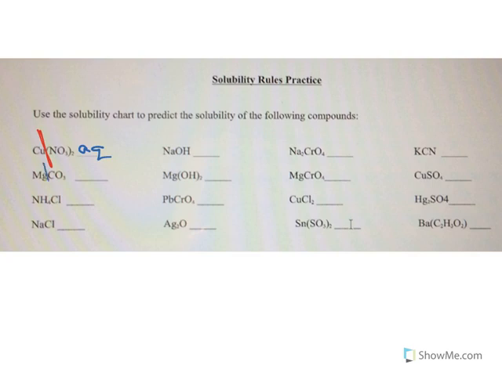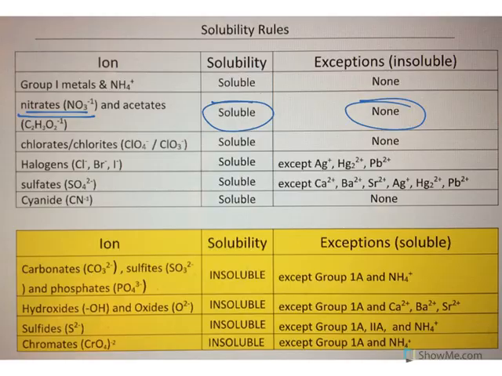The second one, we have magnesium and carbonate, Mg and CO3. Well, Mg is not a group 1 metal, so let's see where the CO3 is. CO3 is down here, which is usually not soluble except for group 1 and ammonium. Now, magnesium is not group 1 and it's not ammonium, so this is going to be a solid.